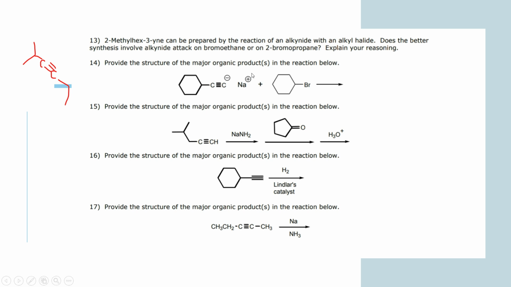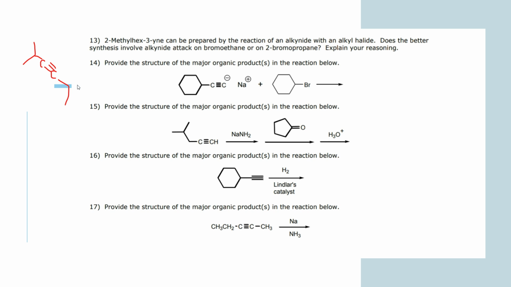So, if you attack bromoethane with this alkynide, you have a better SN2 substitution reaction because for bromoethane, the bromide containing center will be less sterically hindered.